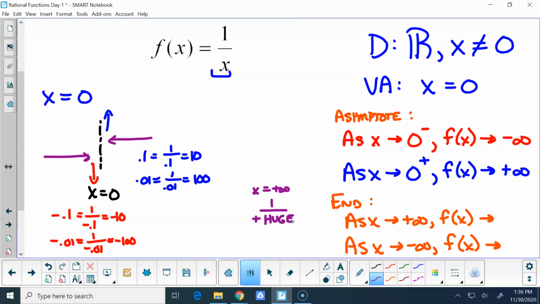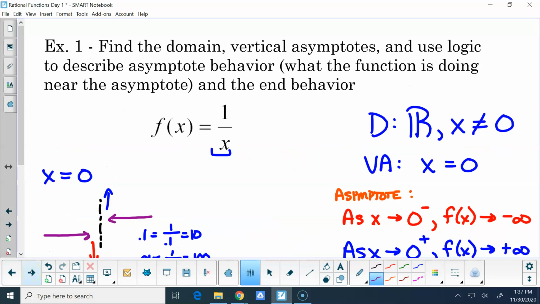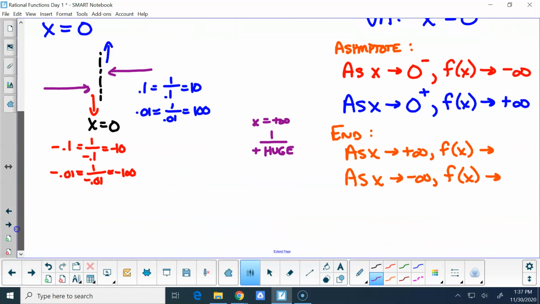If I was at 1,000, I'd be 1 over 1,000. If I was at 1,000,000, I'd be 1 over 1,000,000. What kind of small number? What did we say in our fraction logic? What was the number that it goes to? A number divided by a huge number is going to go to 0. Yeah, so this is going to go to 0 over here.